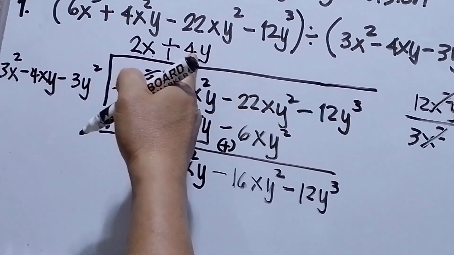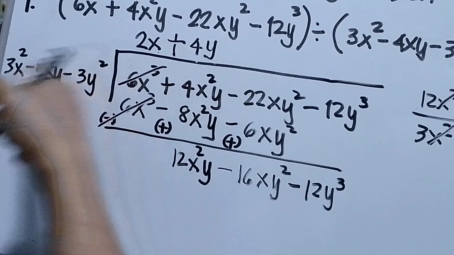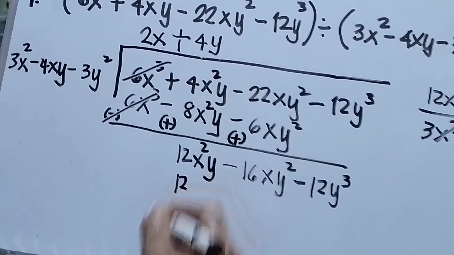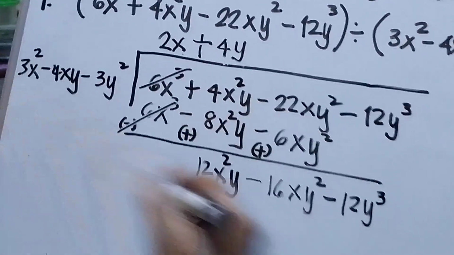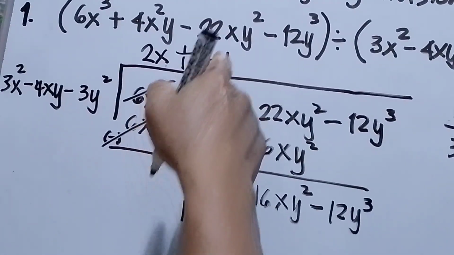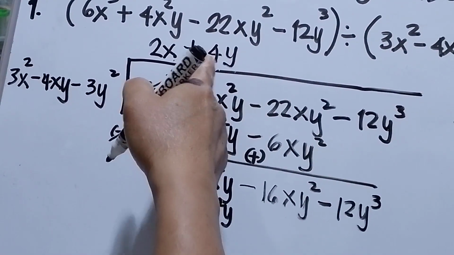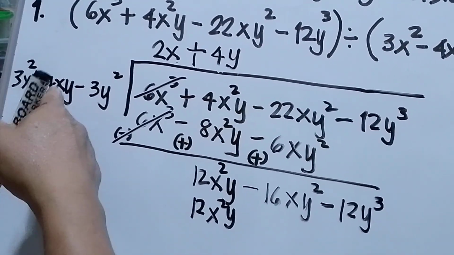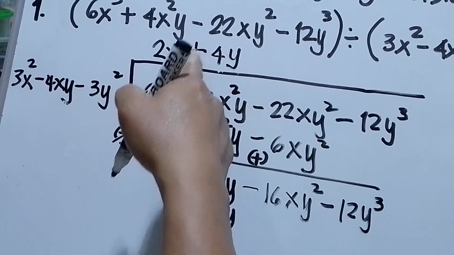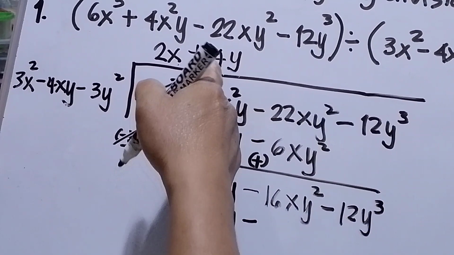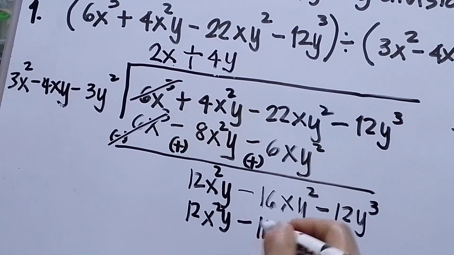And then multiply this one to the divisor, 4y times 3x squared. 4 times 3 will be equal to 12. Then I need to copy x squared and then the variable y. Next is 4y times negative 4xy. Take note, positive times negative will be negative. So 4 times 4 is 16.